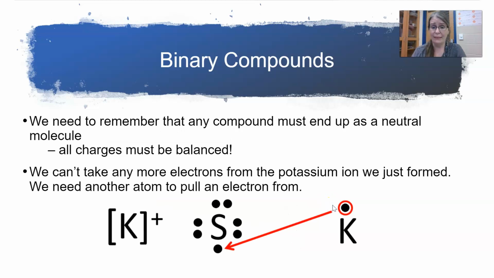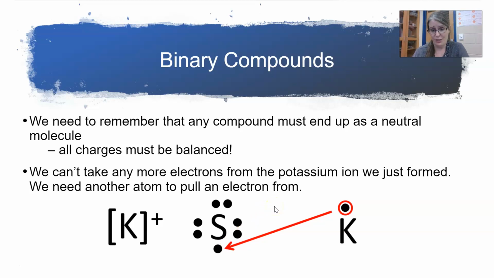So what we really need to do is find another potassium ion. We can't take any more electrons from the potassium ion we just formed. We're going to have to make another one from another potassium atom. So you see I brought one in on the right here, and then it will lose its valence electron, form another K+ ion, and allow that electron to fill in the empty spot on the sulfur.